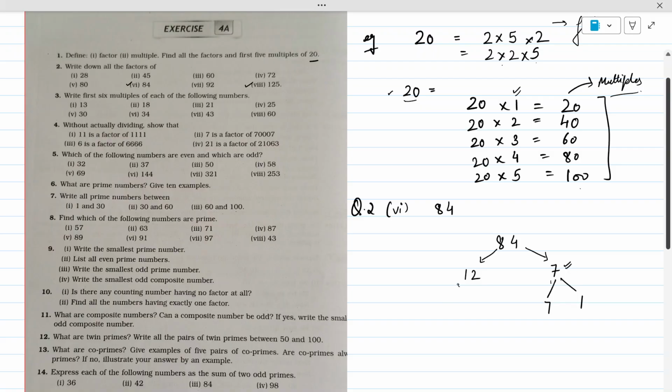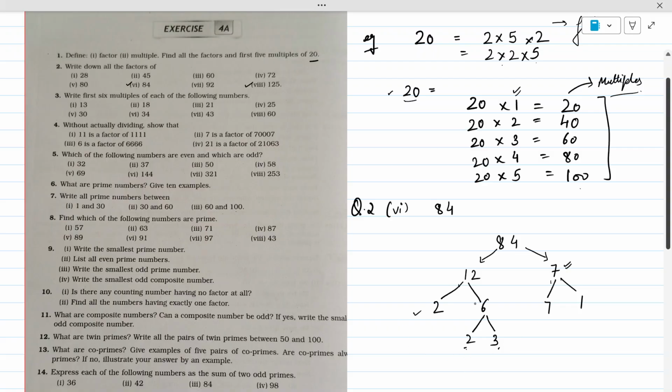Coming to 12, it again has two factors, 2 and 6. The 2 is the end of it because it cannot be broken down further, but we can break down 6 further into 2 and 3. These 2 and 3 are prime factors. We cannot break them further.